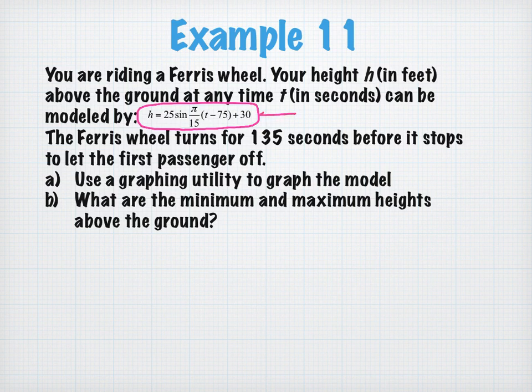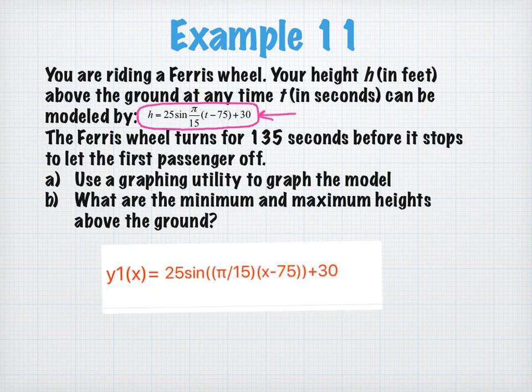So I'm going to type this into my graphing calculator. So the first thing is when you're typing this into your calculator, be really careful where you place your parentheses. You want it to find the sine of this whole part. So you want to make sure that you put double parentheses around your pi over 15, and then again at the end where it's like x minus 75, and the variable, you can use the x.